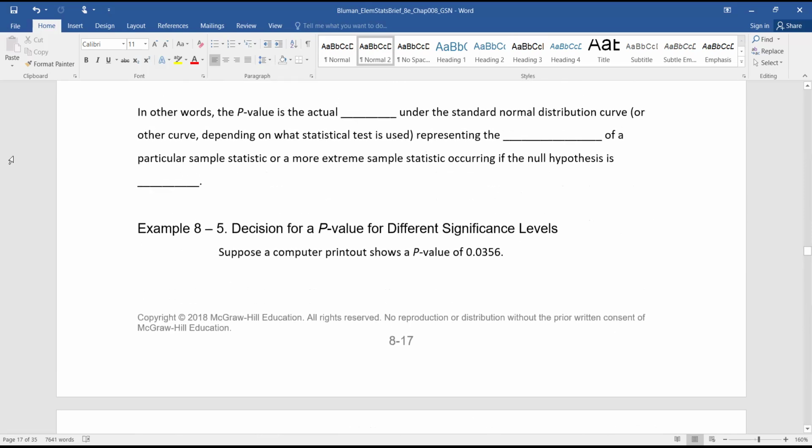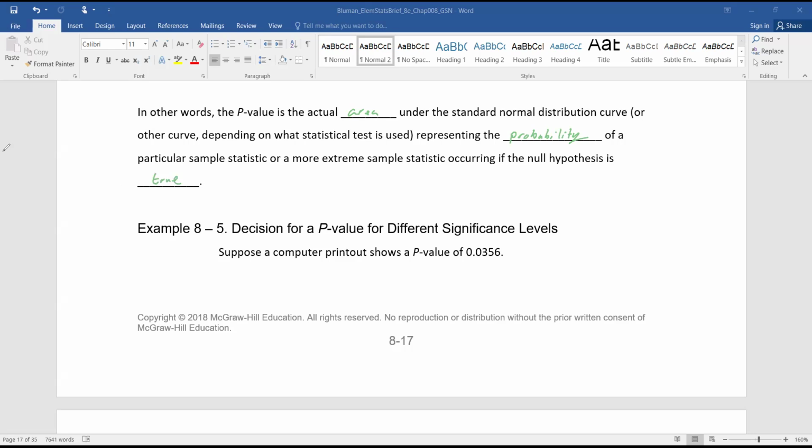In other words, the p-value is the actual area under the standard normal distribution curve or other curves, depending on what the statistical test is used for, representing the probability of a particular sample statistic or a more extreme sample statistic occurring if the null hypothesis is true.